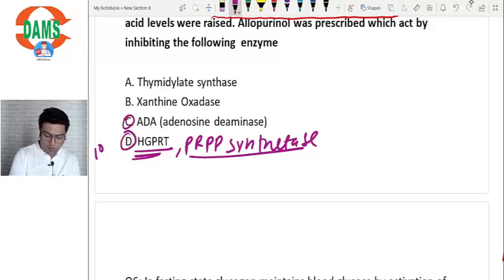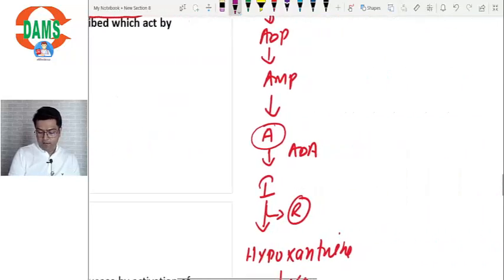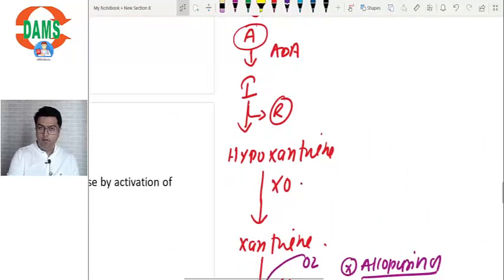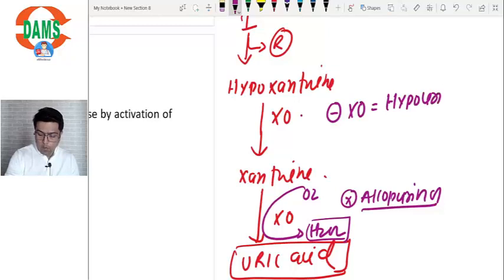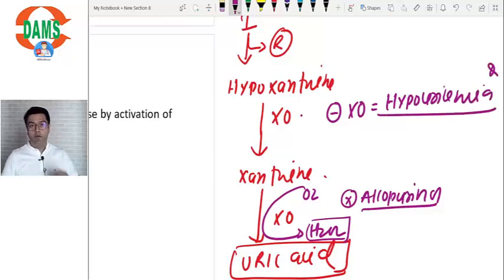So that is the enzyme I told you, the enzyme we have covered. Xanthine oxidase, guys: suppose we are talking about hyperuricemia, but deficiency of xanthine oxidase causes hypouricemia. That is again an MCQ.